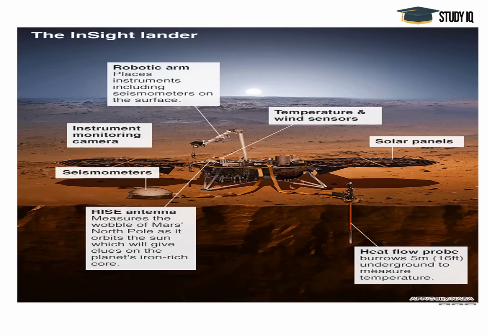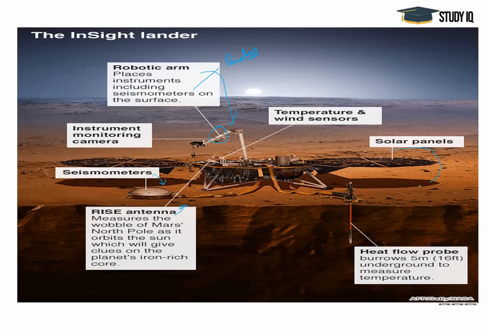So now you see, this is the InSight lander, and there is this robotic arm, okay. There are seismometers which will study the quakes and the Martian volcanic activity, if any exists there. There are cameras, which will send back the photographs. Seismometers are again there. Antennas are there, which will help in studying the core of Mars and how it differs from the Earth.